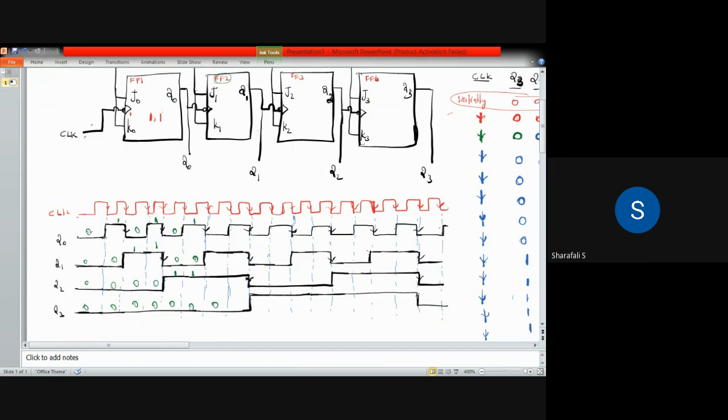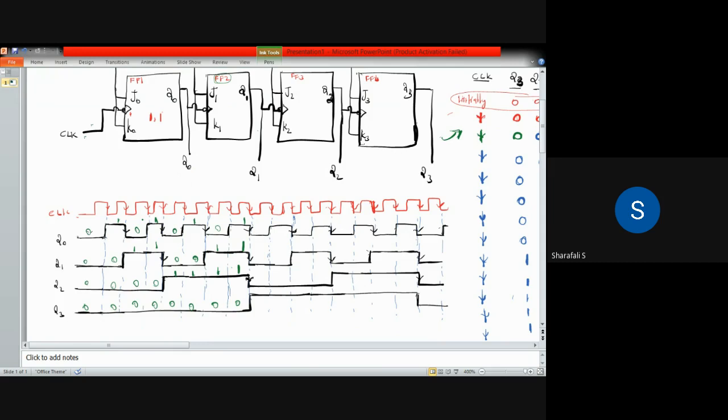If you complete this, you can get the different states that you have written here in this table. So the same states you will be getting from here, 1 1 1, all those things. So that's all about the 4-bit asynchronous counter.